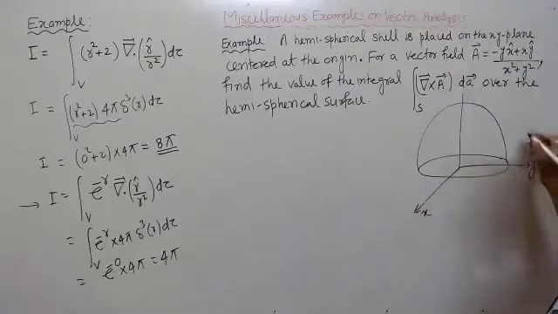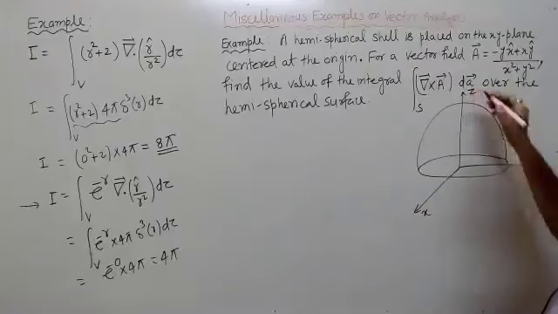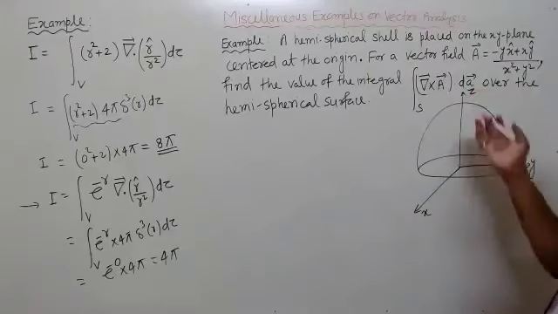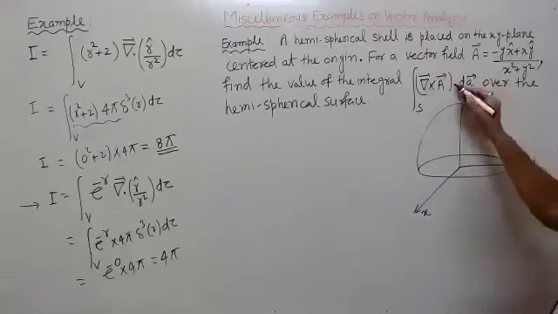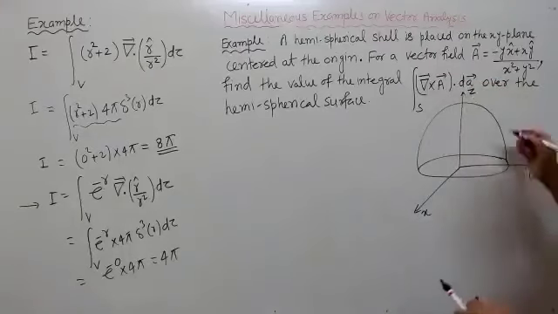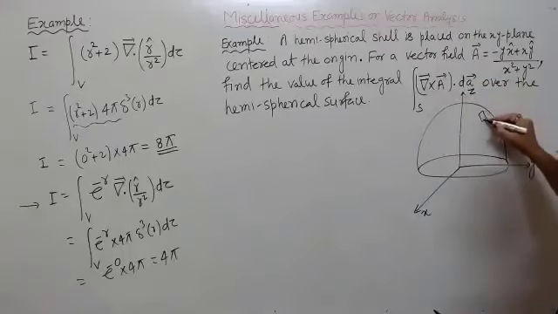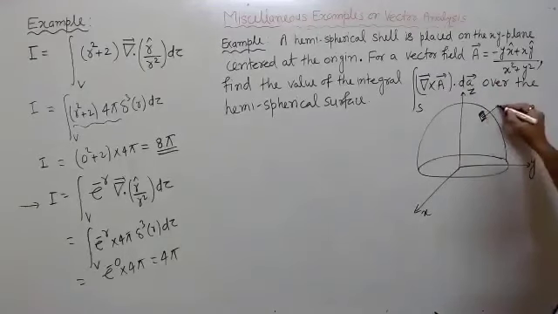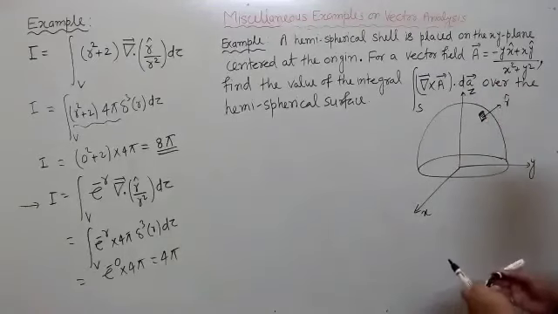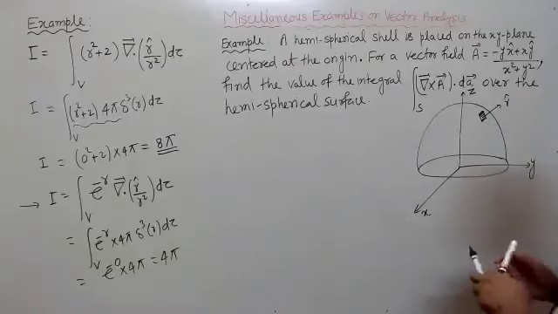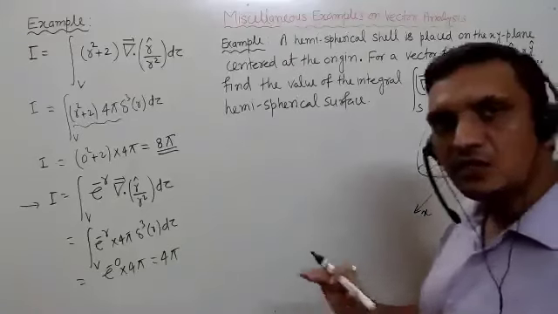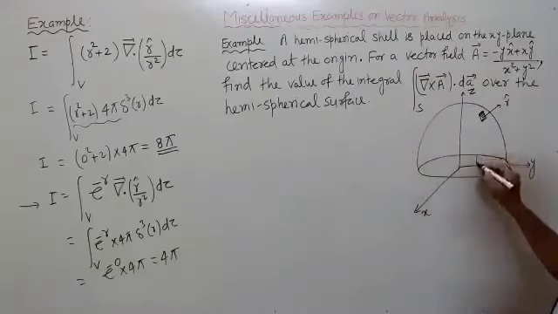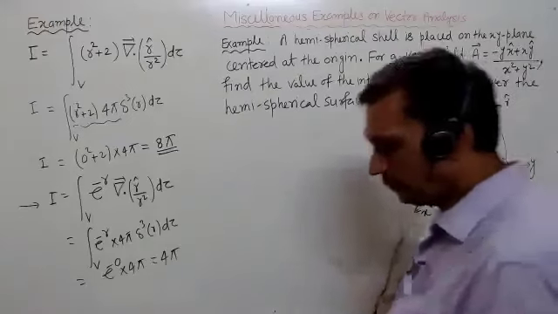X, Y, and Z. So you have to find del cross A dot dA over the hemispherical surface. This is r cap. Let us assume its radius is r. Radius is not given, but you can assume its radius is capital R.